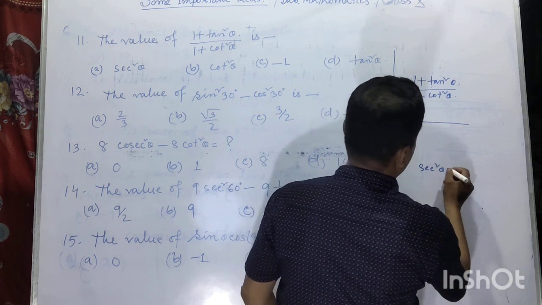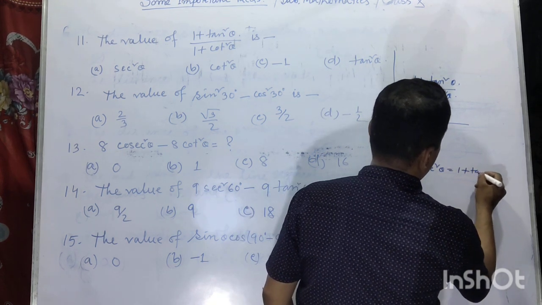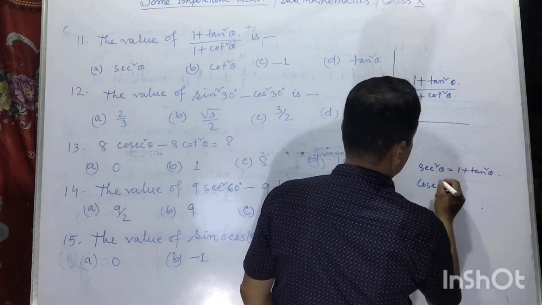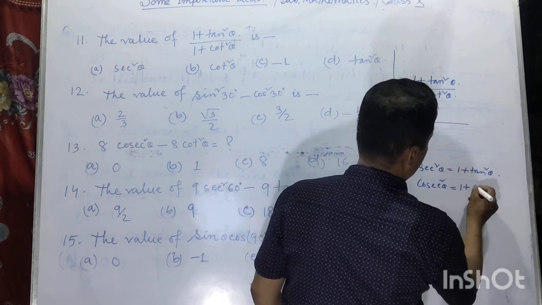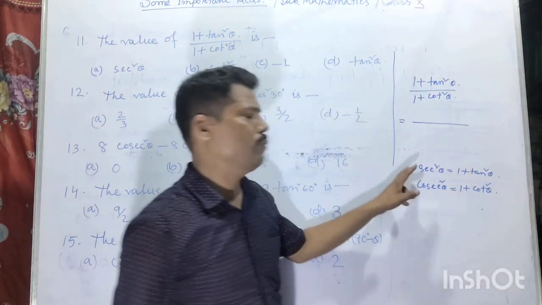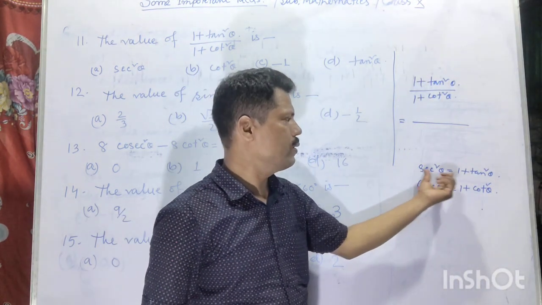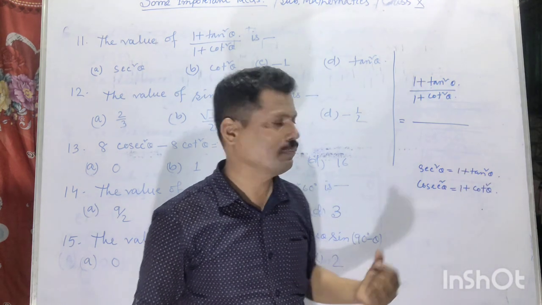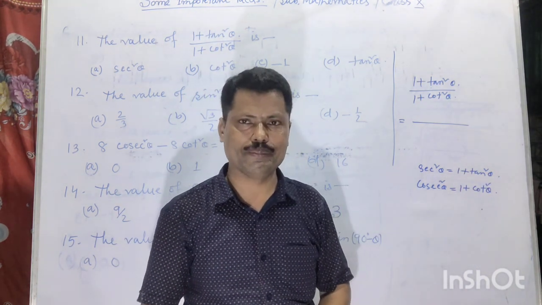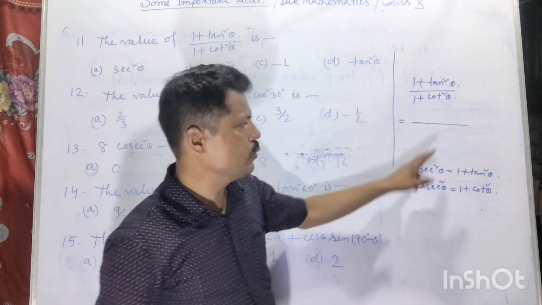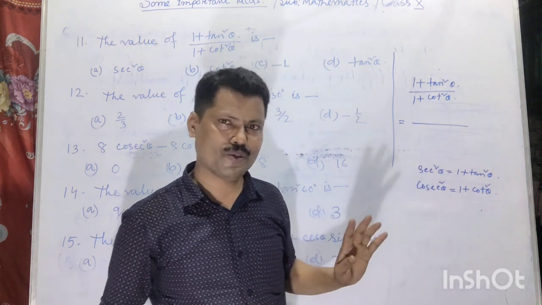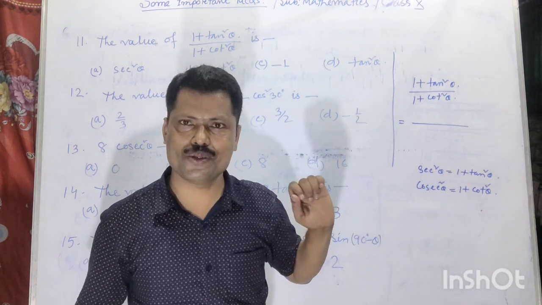Sec square theta is equal to 1 plus tan square theta, and cosec square theta is equal to 1 plus cot square theta. So here, 1 plus tan square theta means sec square theta, and 1 plus cot square theta we can put as cosec square theta.